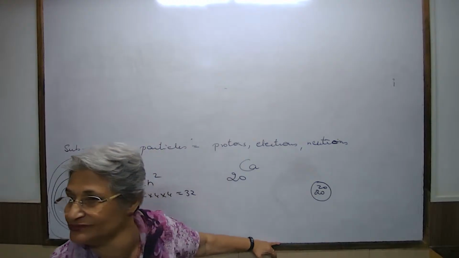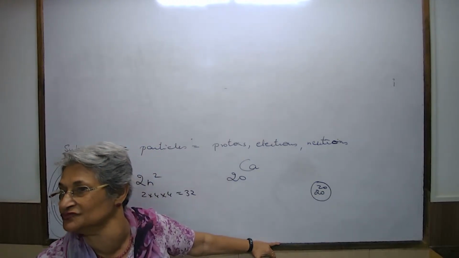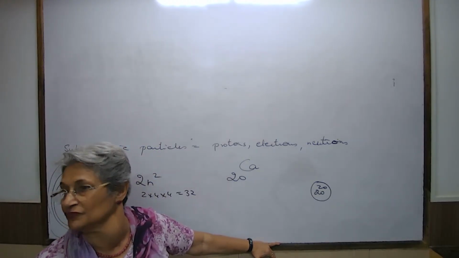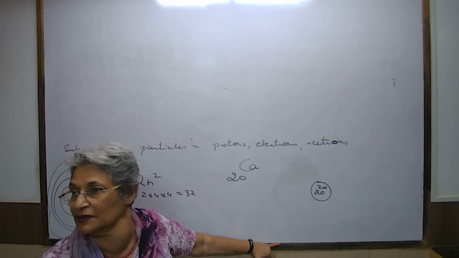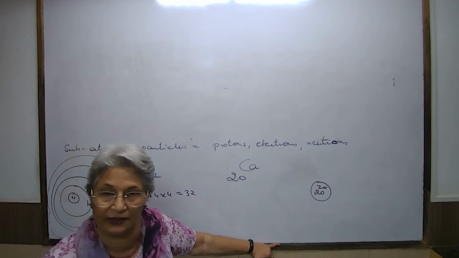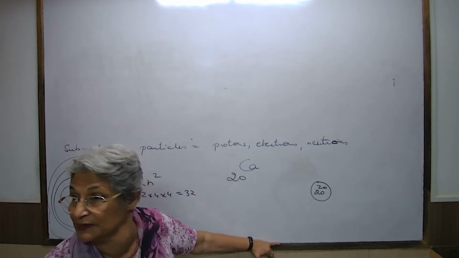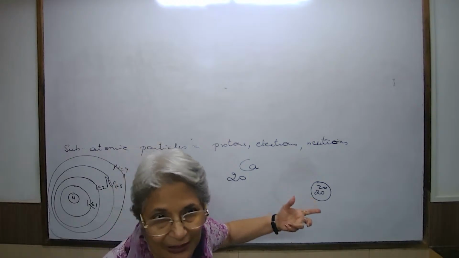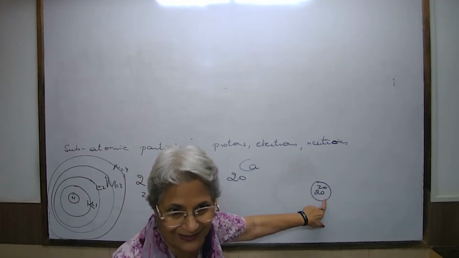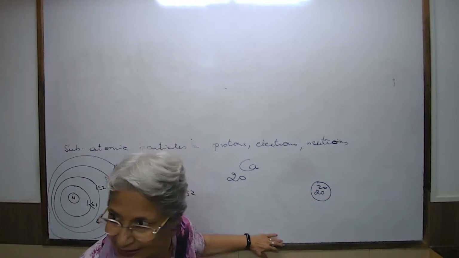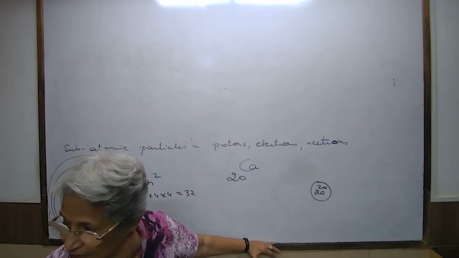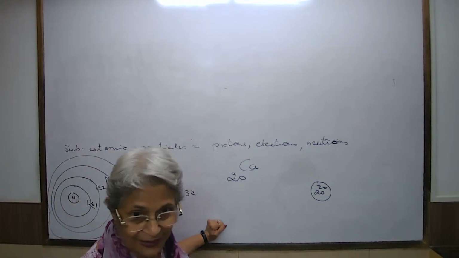Why 20? Protons and neutrons. So therefore it's double. So it became 40. Followed? Any difficulty here? Any doubt here? Now we have to arrange the 20.